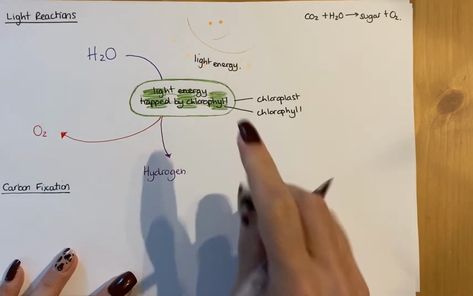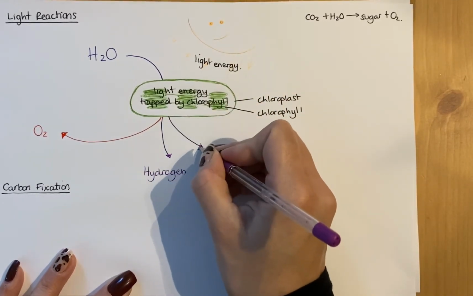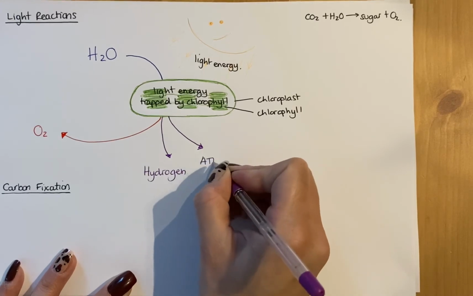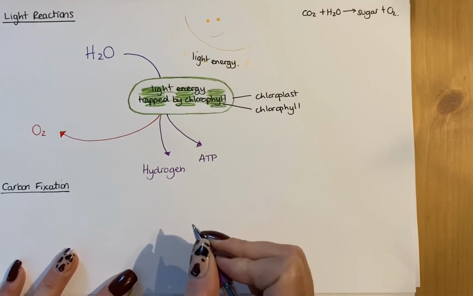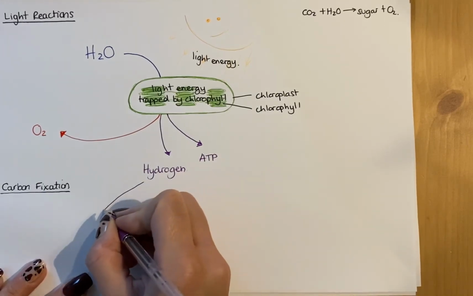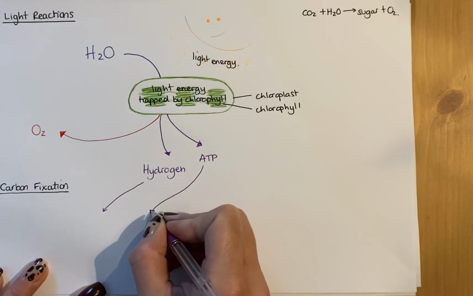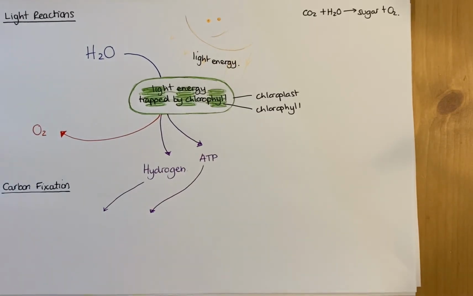At the same time that light energy is converted to chemical energy, which is then stored in ATP. Now hydrogen and ATP are then transferred over to the second stage. That second stage, carbon fixation, uses carbon.